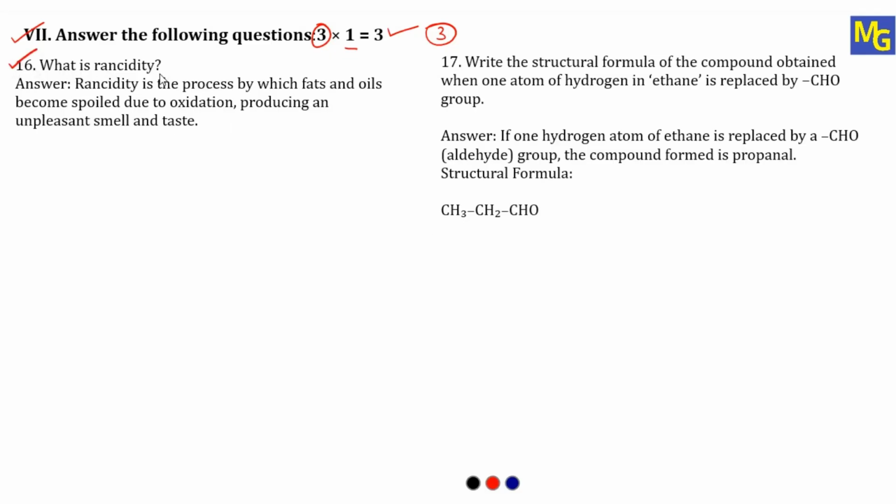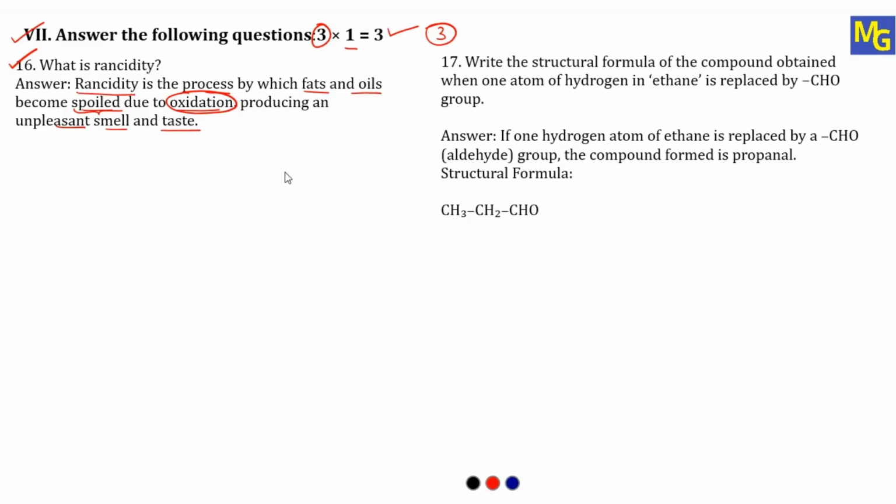What is rancidity? Answer: Rancidity is the process by which fats and oils become spoiled due to oxidation, producing an unpleasant smell and taste. So see here, as we have seen corrosion, corrosion is nothing but what? Spoiling of metals. In the same way, if food is spoiled due to oxidation, then the process is called rancidity.